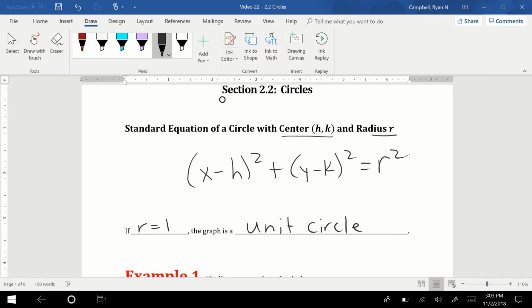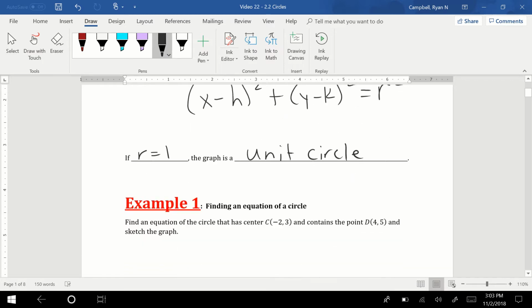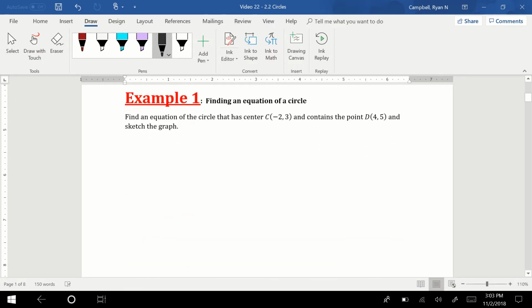So let's just do a ton of examples. Example number 1. Find an equation of a circle that has a center at (-2, 3) and contains the point (4, 5), and then sketch the graph. So we're going to use our equation of a circle.